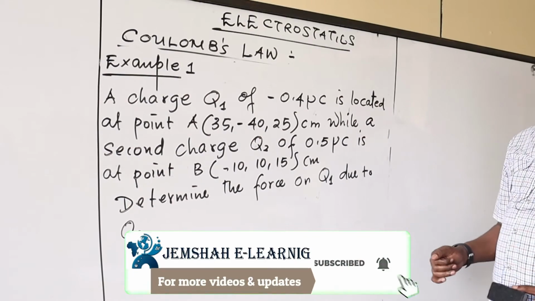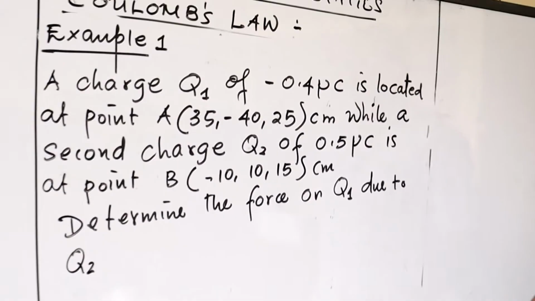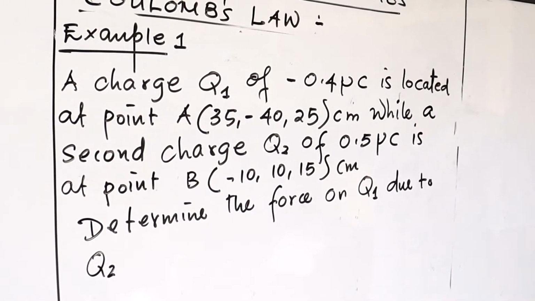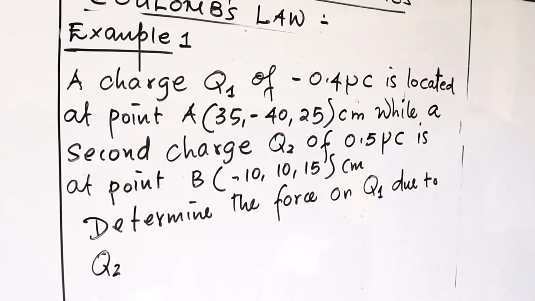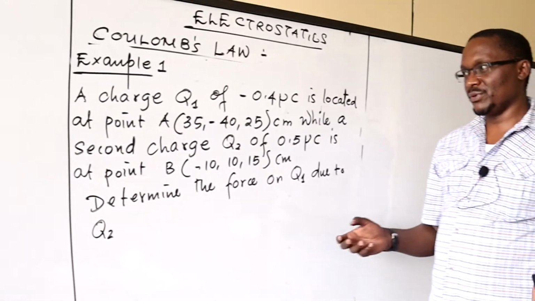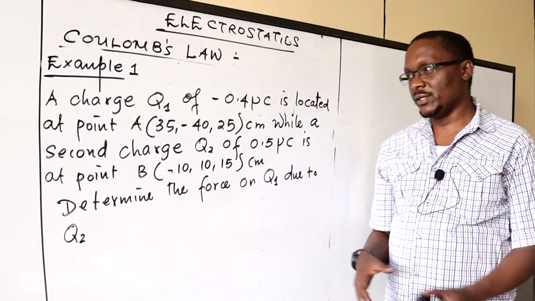Example. We are saying that a charge Q1 of negative 0.4 microcoulomb is located at point A, which has the following coordinates. And again, the coordinate system is very important. If you're not told, the assumption is that it is Cartesian coordinate system.